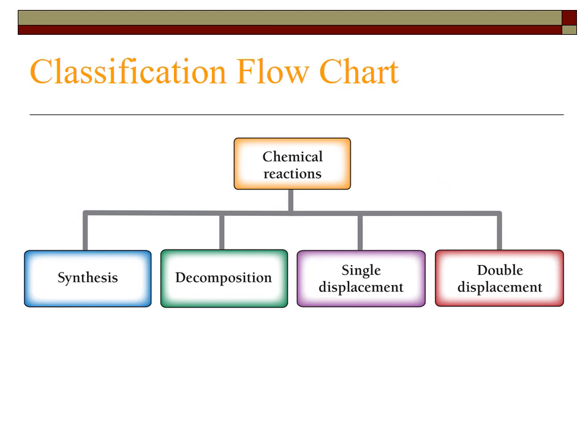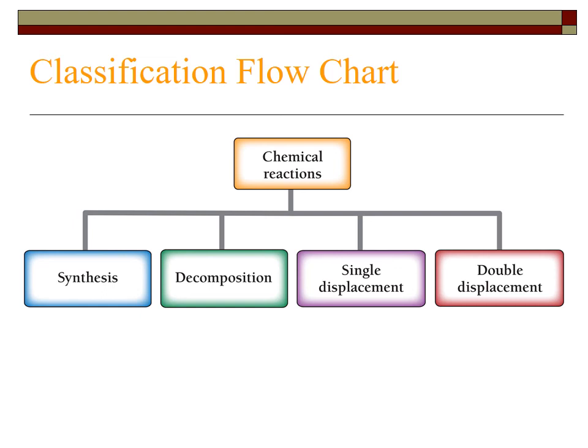So, when I look at classifying a chemical reaction, I can classify them into four different types. Is it a synthesis, decomposition, single displacement, or double displacement? If it's a synthesis, I'm taking two things and joining them together to make one. If it's a decomposition, I'm taking one thing and breaking it apart.